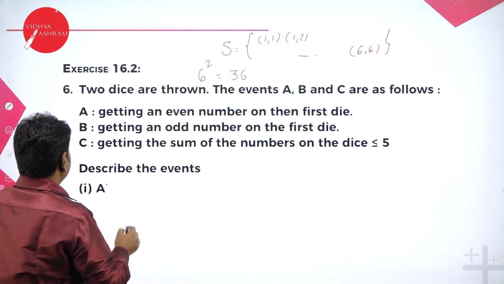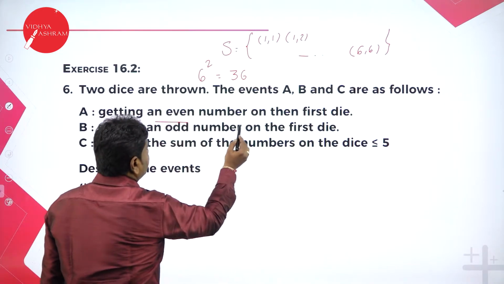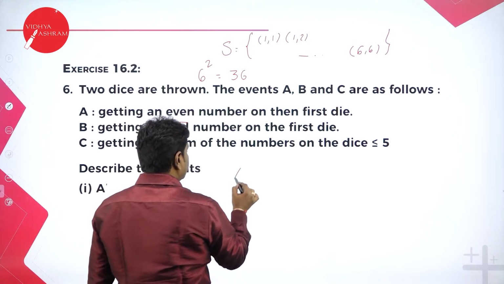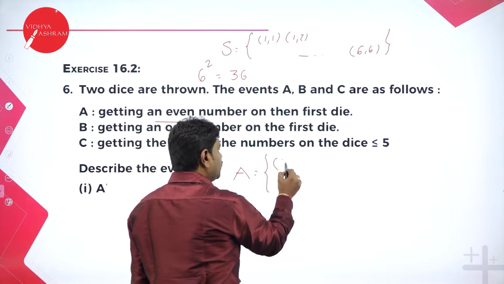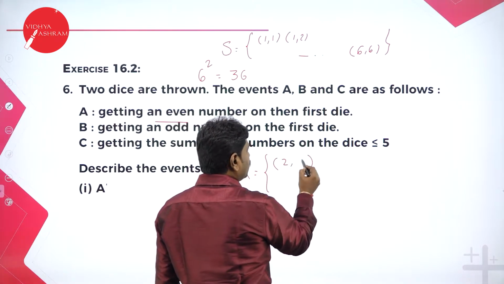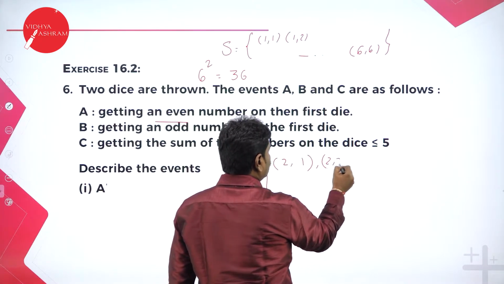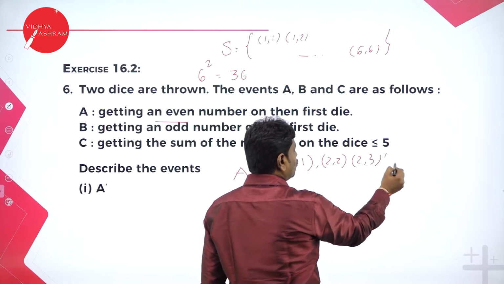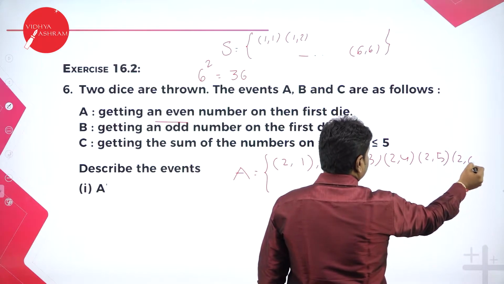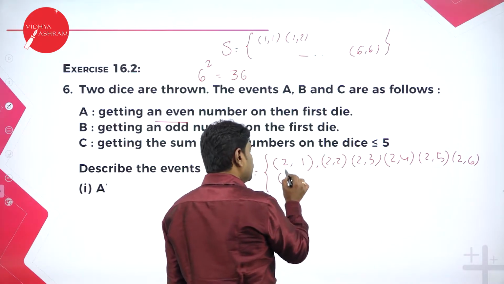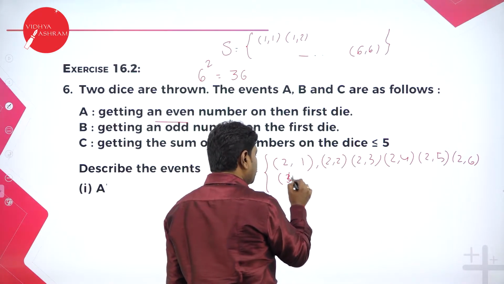Now, event A, getting an even number on the first die. So first let me write event A. Getting an even number on the first die means the first die should be 2. With 2 you can get the second die anything: 2,1, 2,2, 2,3, 2,4, 2,5, 2,6. This is event A. And even number means the first die may be 2 or it may be 4 also.